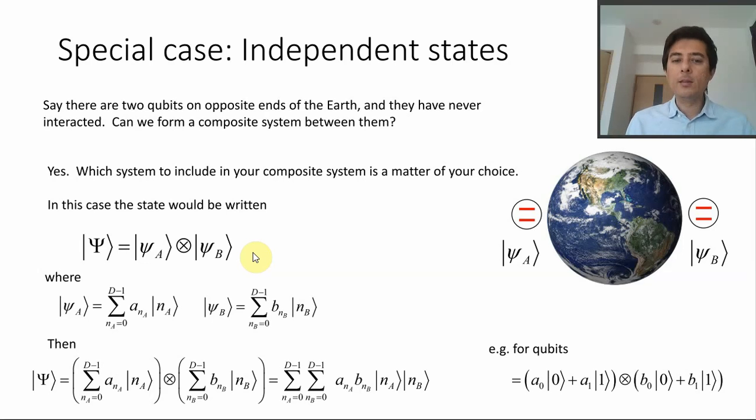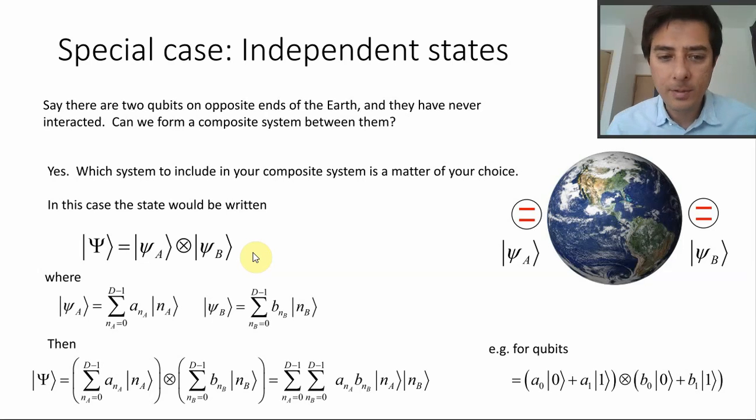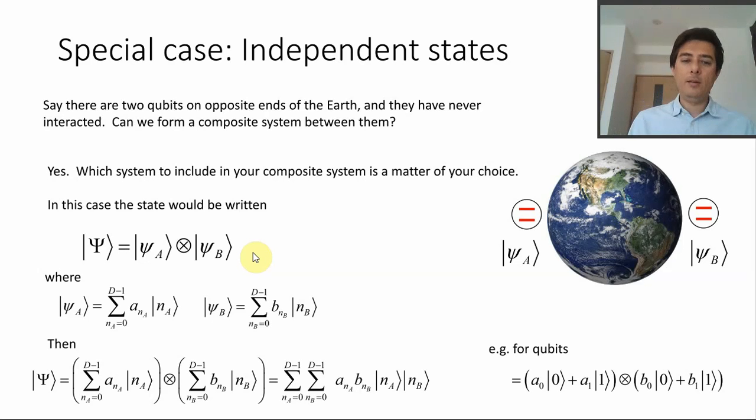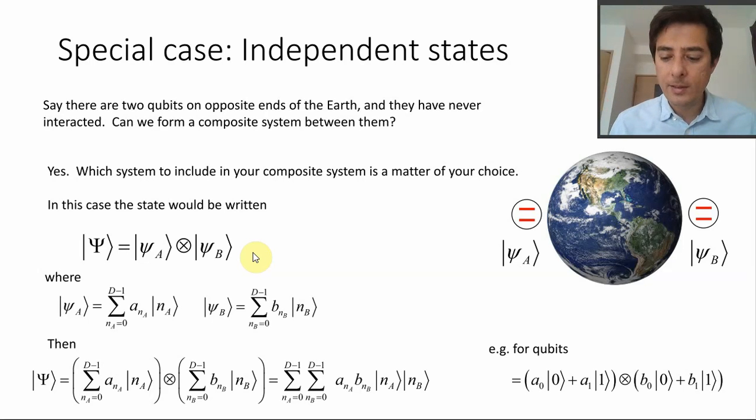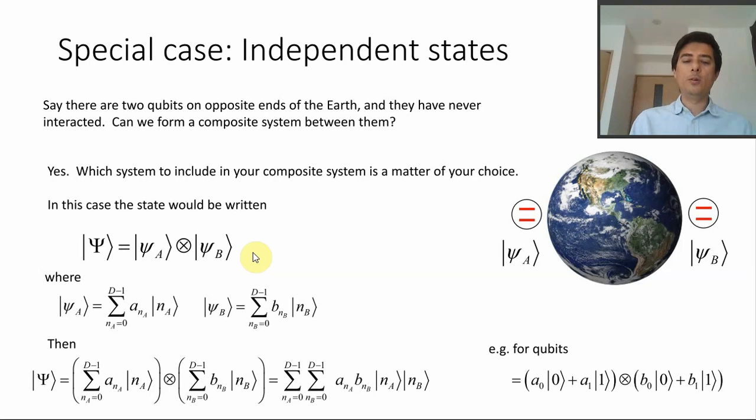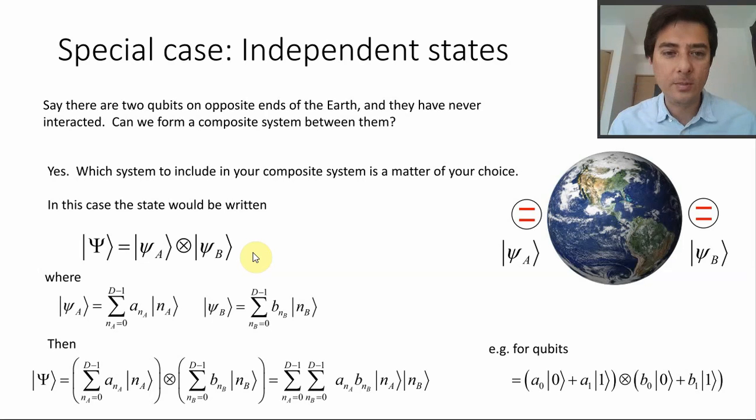You can always get the same result, whether you include it or not. Now I'll show you exactly how that works and why you have this freedom of choice of including an independent state in your composite system or not.